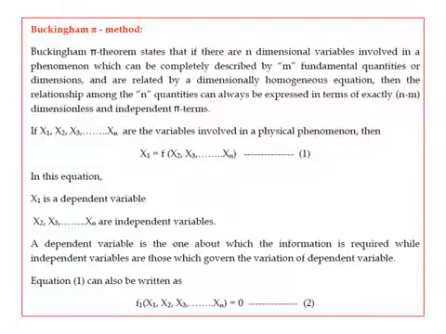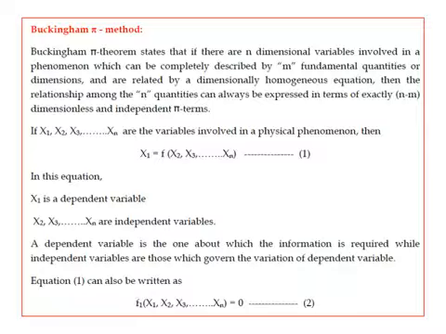So if n physical quantities are involved and described by m fundamental dimensions, related by a dimensionally homogeneous equation, then a relationship can be established between these n quantities by exactly n minus m dimensionless or independent pi terms.